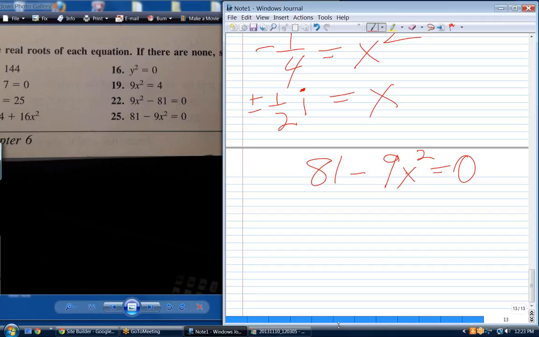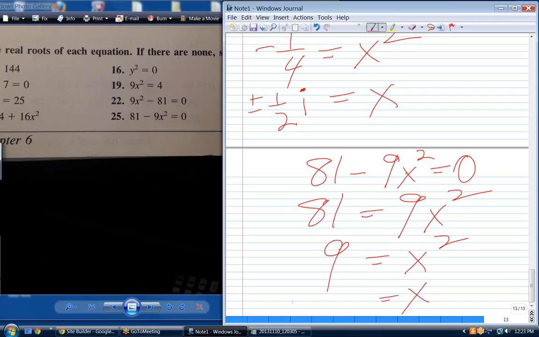Next line. 81 equals 9x squared. Good. 9 equals x squared. X equals plus or minus 3.